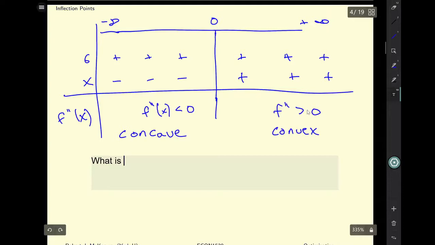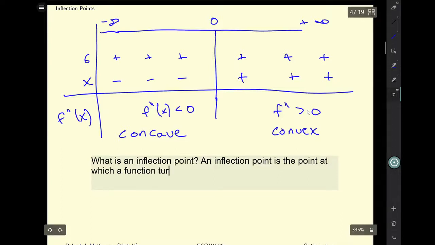So what does this example have to do with anything? Well, what is an inflection point that we're going to be looking at? An inflection point, one definition anyway, is the point, the x value, at which a function changes from concave to convex, or from convex to concave.